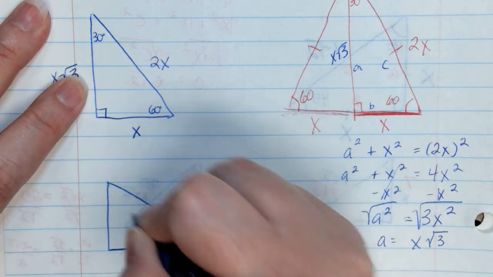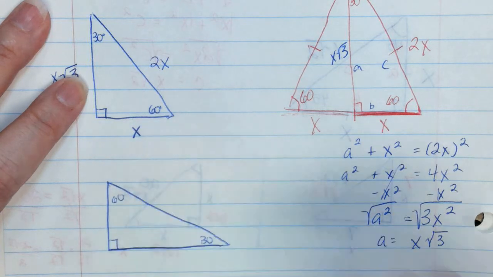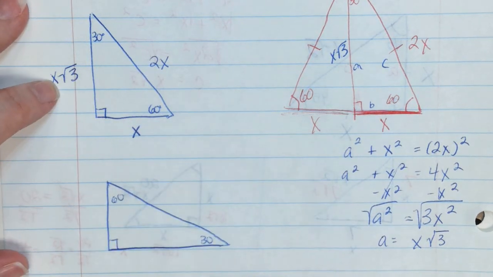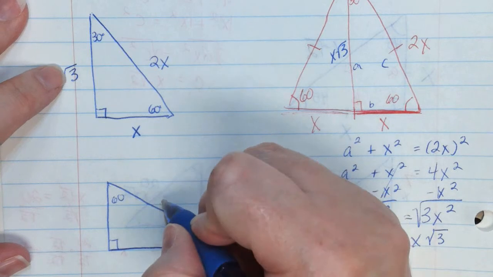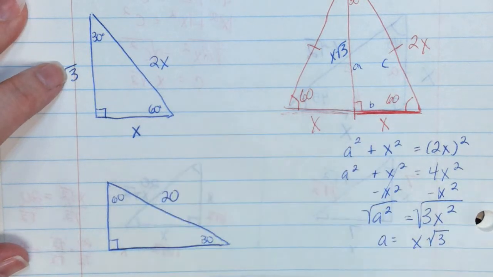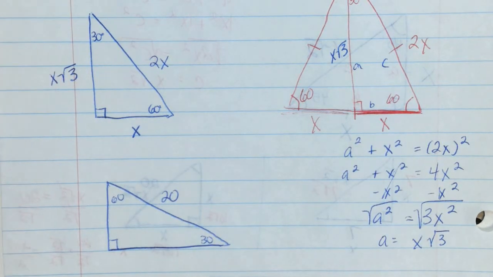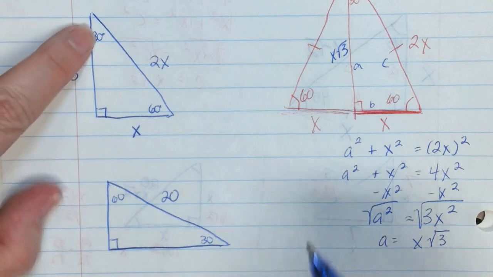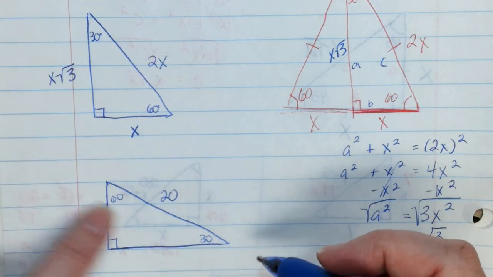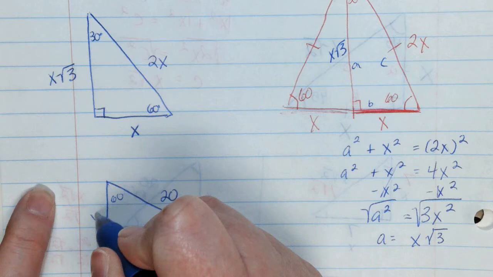Here's my 30, here's my 60, and here's my 90. And I tell you that this side right here is 20. Okay? What should you always do first? Putting those little labels on there, right? Okay, so if you look, across from the 30 is X, be careful.